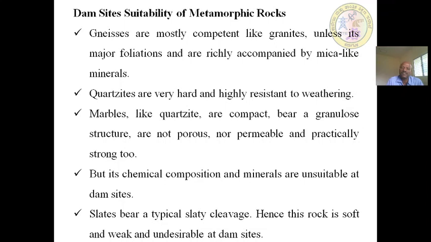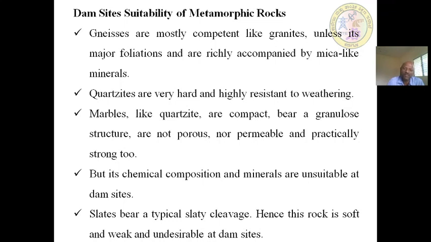Quartzites are very hard and highly resistant to weathering. Marbles, like quartzite, are compact, bear a granulose structure, are not porous or permeable, and are practically strong too. But their chemical composition makes them unsuitable at dam sites.